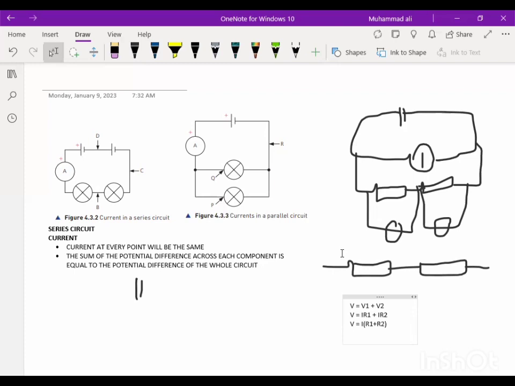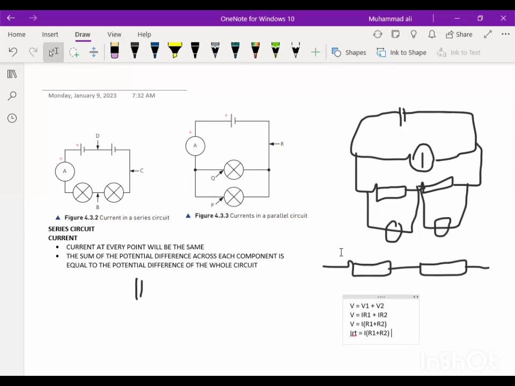Now I know that my voltage is also equal to the overall resistance and the current is the same again, so I can also write R total, and this is equal to I times R1 plus R2.